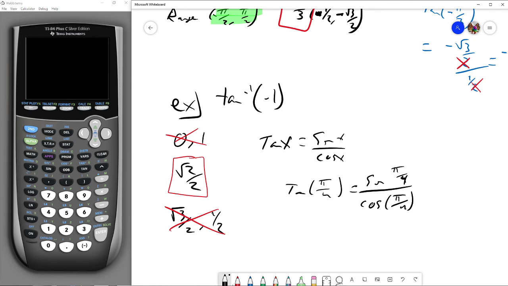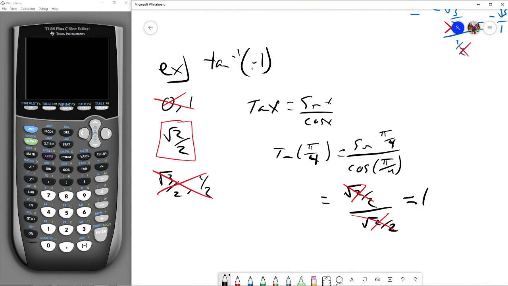Sine of pi over 4 is root 2 over 2. Cosine of pi over 4 is root 2 over 2. But hey, notice it's the same thing. So these die off, and it just leaves you with a 1. So when we have a 1 or negative 1, that means we are interested when the sine and cosine have the same value, just a difference of plus or minus.